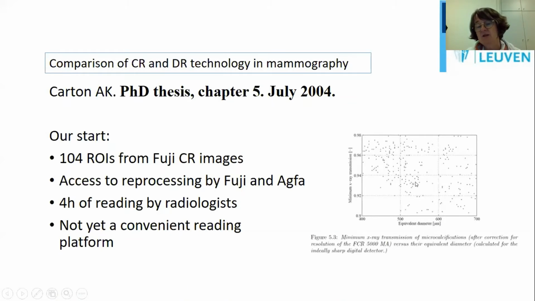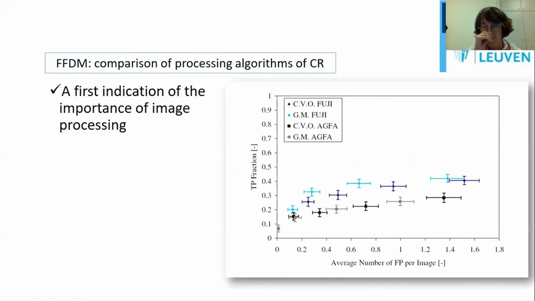You see here in this cloud all the types of calcifications that were used in the study, more or less homogeneously distributed in the thickness-size space. All these calcifications were put in the many different ROIs in the image, and the readers, in this case human readers, were asked to click on the places where they thought there was a calcification.